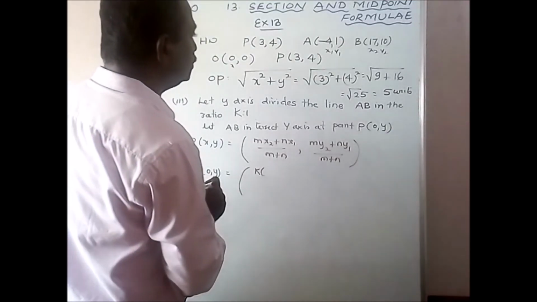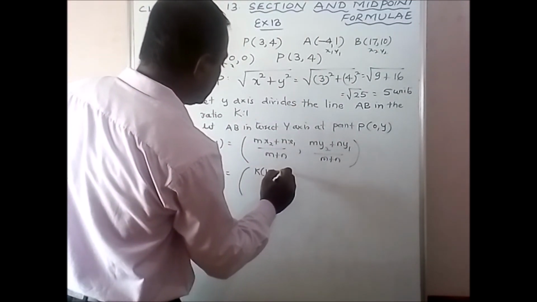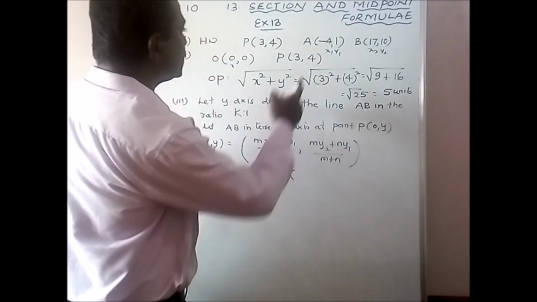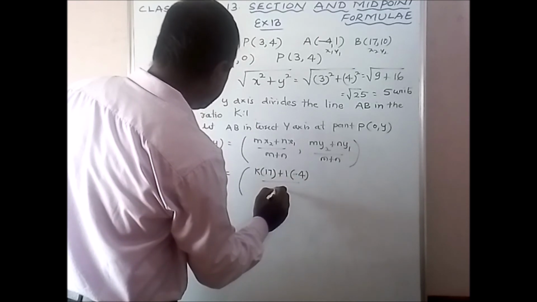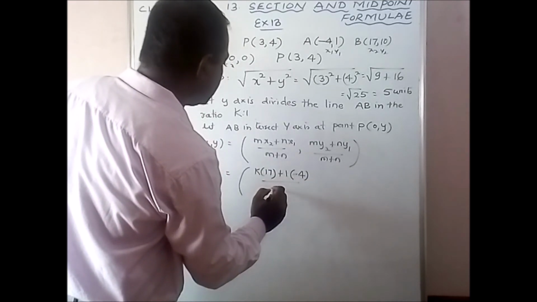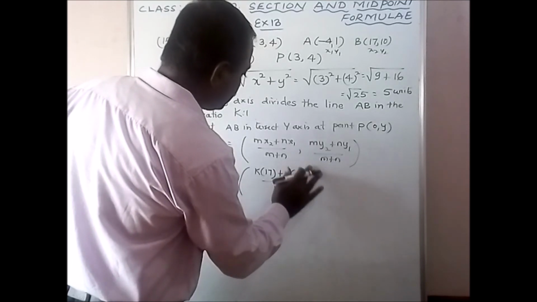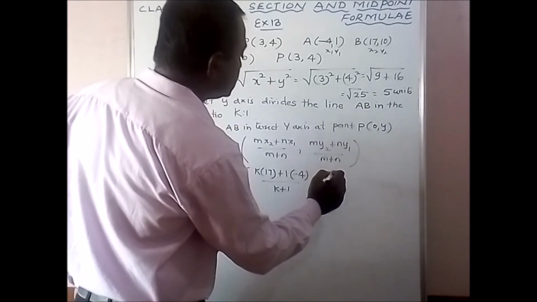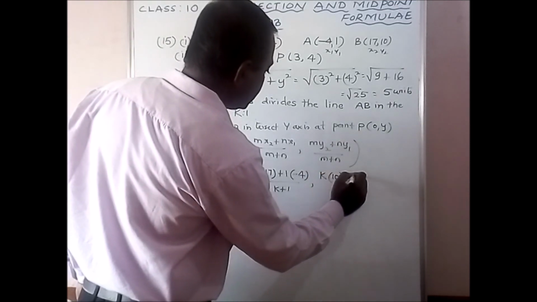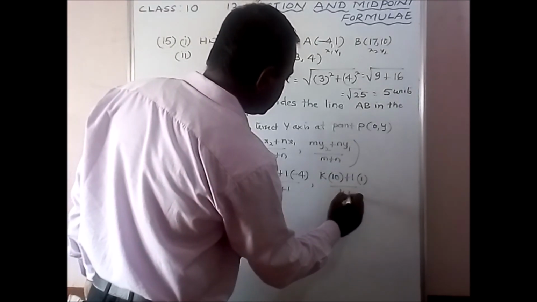What is x2? x2 is 17, plus n is 1, x1 is -4, by m plus n, which is k plus 1. Y2 means 10, plus n means 1, y1 means 1, by k plus 1.